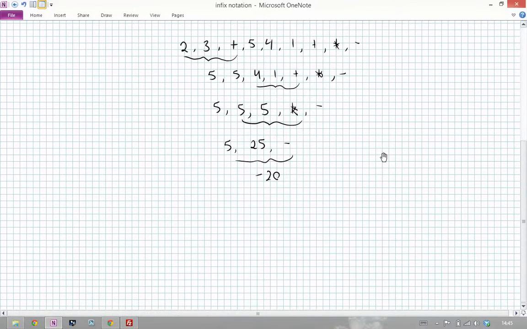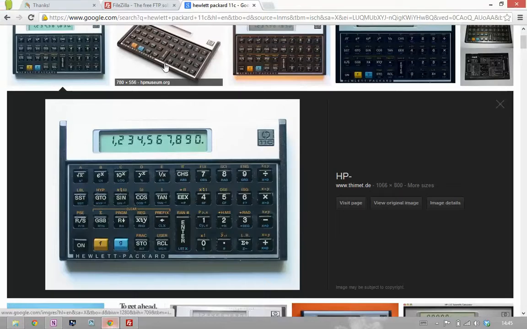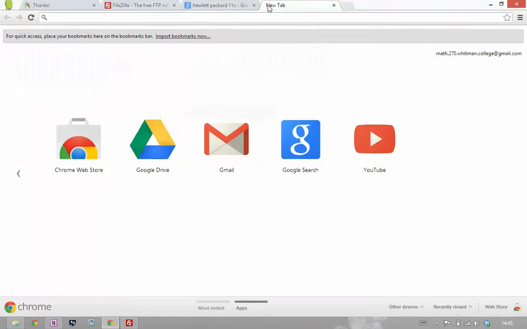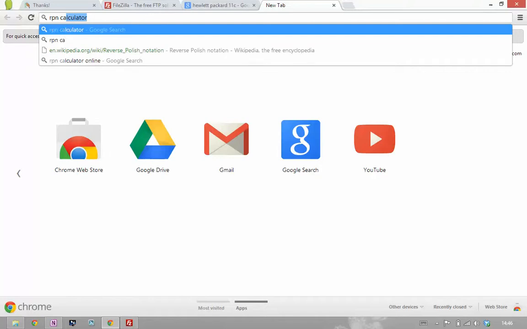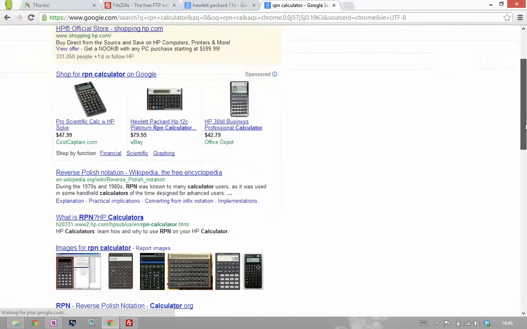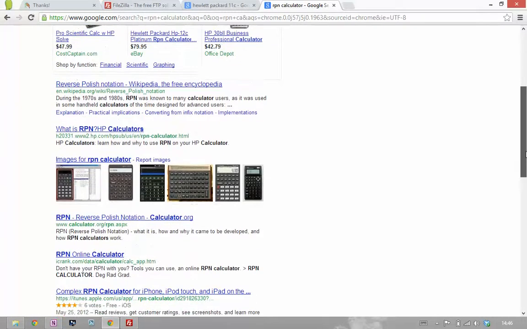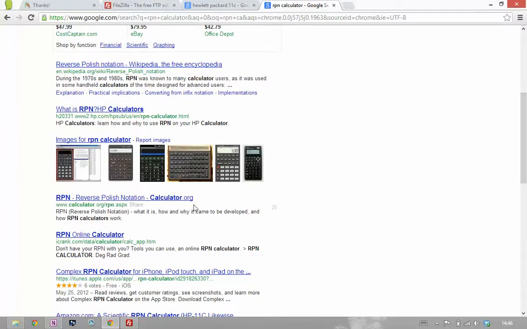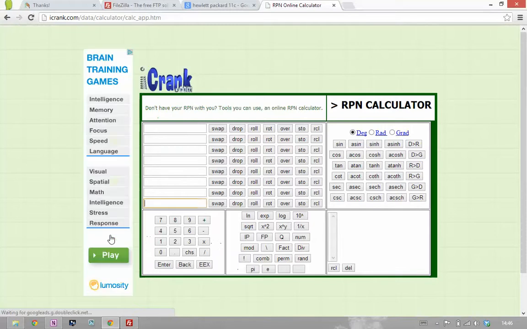All right, let me show you how I found an RPN calculator app. Thought I found one. That's the one. Thank you. So here's how you use an online RPN calculator.